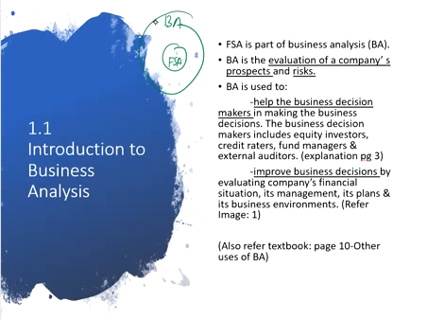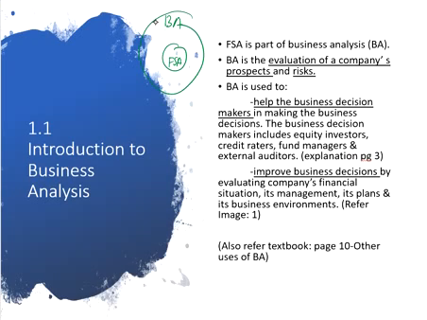Okay. So kalau you tengok textbook page 3. Okay, dia cakap business analysis is the process of evaluating a company's economic prospects and risks. This includes analyzing a company's business environment, its strategies, and its financial position and performance.